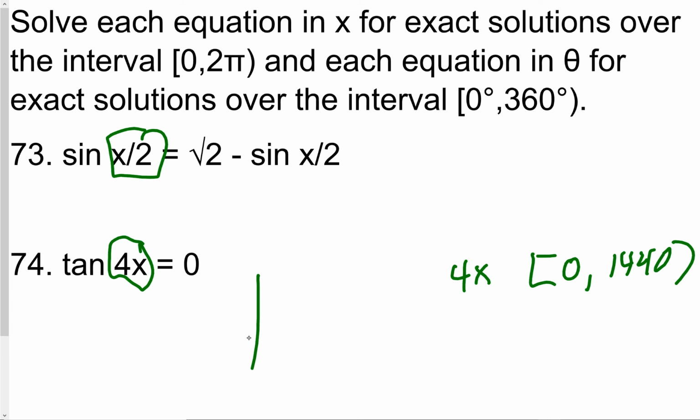So where's tangent 0? Well, tangent of 0 is just 0. And it is also 0 right here, right? So at 0 and at 180. But I'm going all the way to 1440, so I've got to do the calculator again.